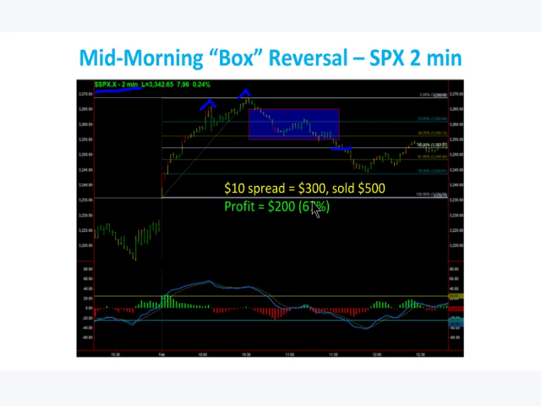As it starts to break lower, we go ahead and buy the spread for roughly $3 apiece, and we sell it for $5. This is more typical of what we get intraday, and that's fine. To get a 67% gain on a spread is very, very functional because the leverage is there.